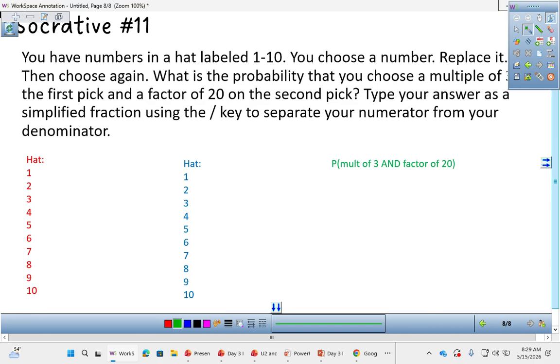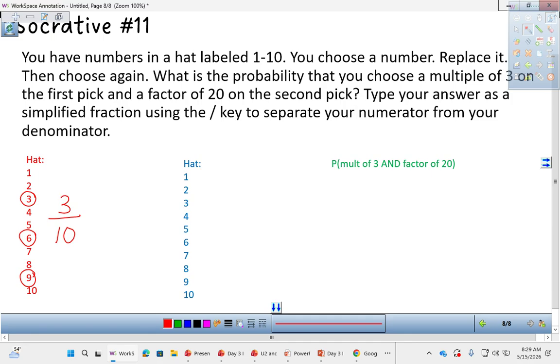So multiples of 3 start with 3, and they multiply, right? Multiply means they get bigger. Multiples of 3 can't be smaller than 3. 1 is not a multiple of 3. So multiples of 3: 3, 6, and 9. So 3 out of the 10 numbers are multiples of 3.